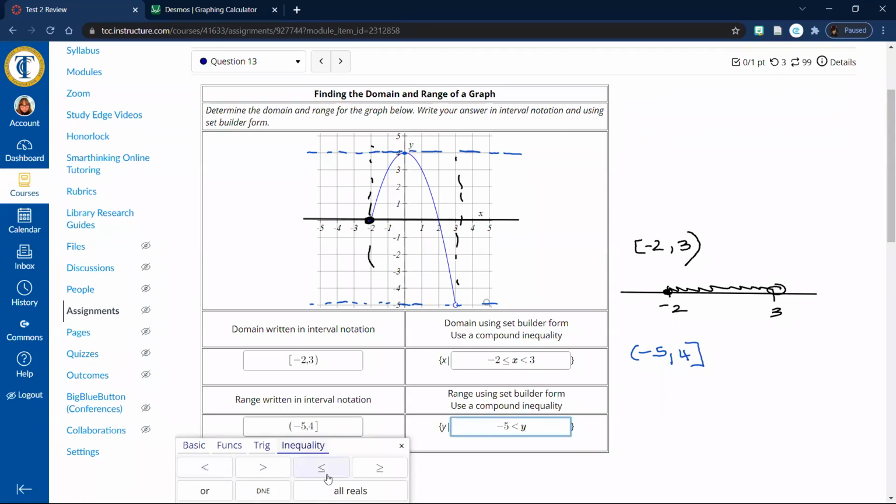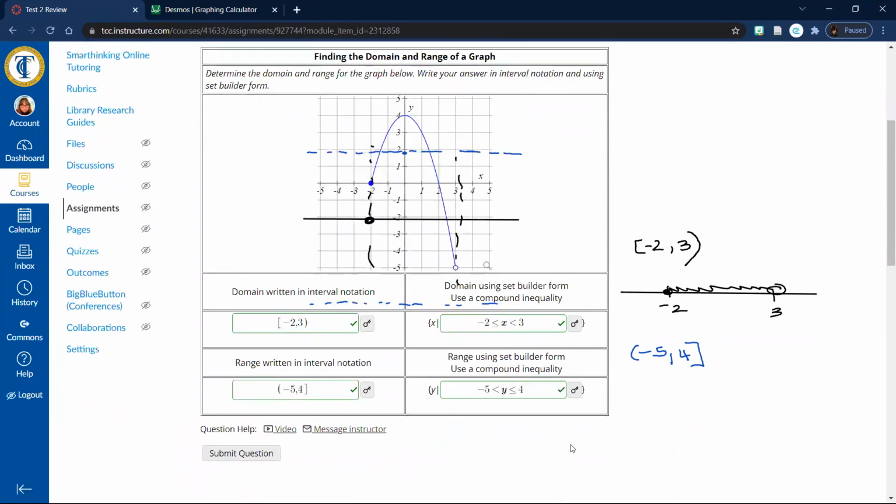Because it's range. y greater than or equal to -5, less than or equal to 4. Oh, less than 4. Okay, and you check it, and you're golden.